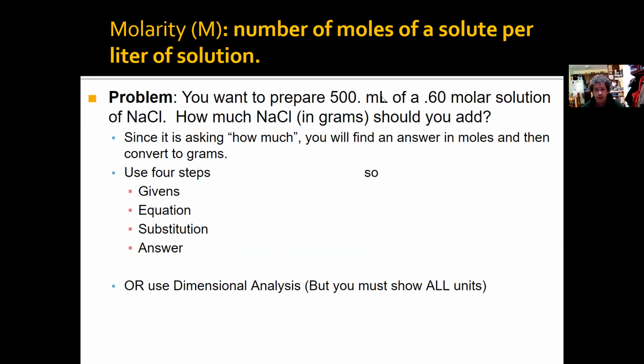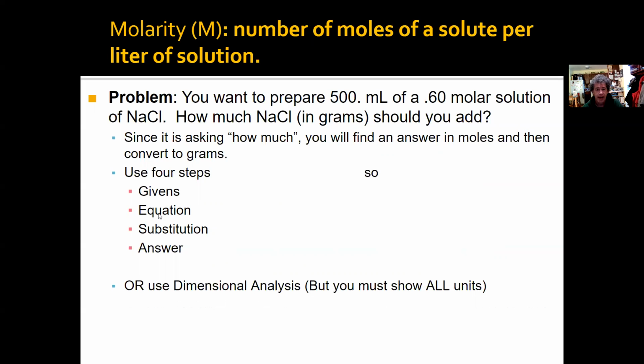You have a given of 500 milliliters of solution, you have a given molarity of 0.60 molar, and then the unknown is how many moles, which then has to be converted to grams. So the equation would be, again, molarity is moles per liter, or moles would be molarity times liters.